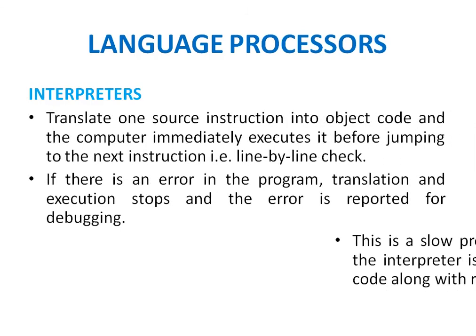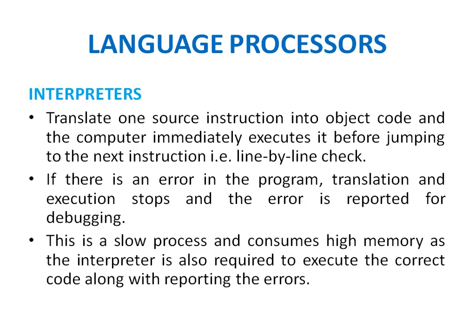Interpreters. Let us learn about these language processors one by one. Interpreters translate one source instruction into object code and the computer immediately executes it before jumping to the next instruction, that is line by line check.